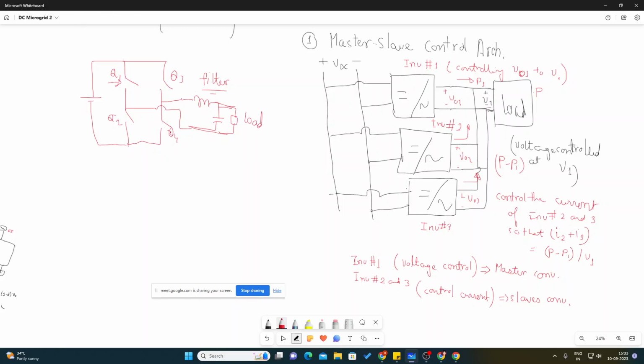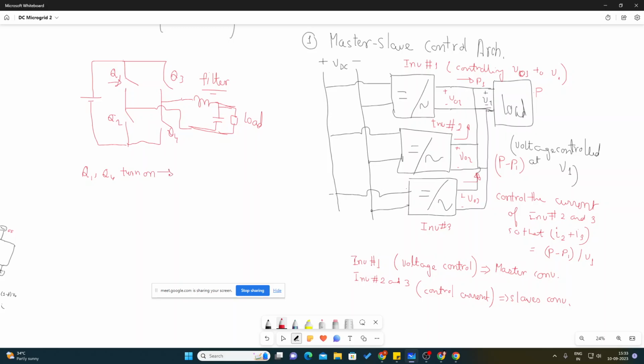Same goes for Q3 and Q4, for obvious reasons, because if both of them turn on, it will basically short the DC bus. So the switching strategy is done in such a way that Q1 and Q4 will turn on.